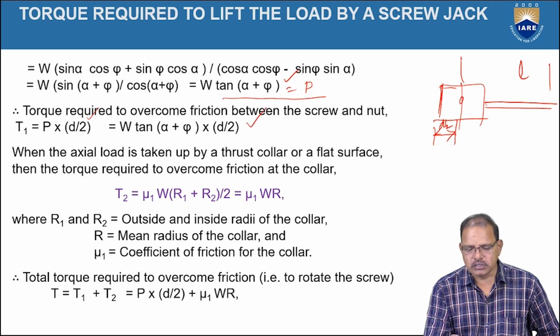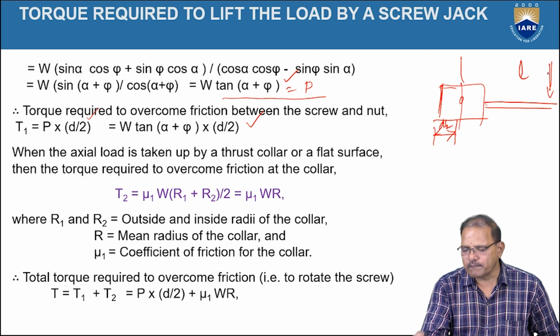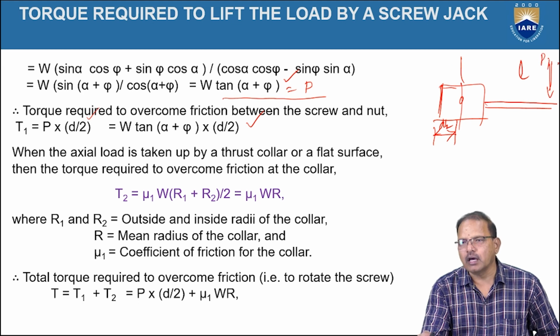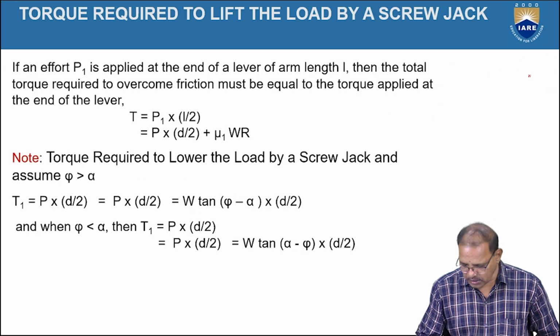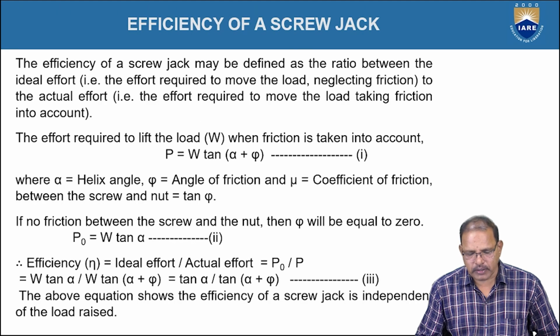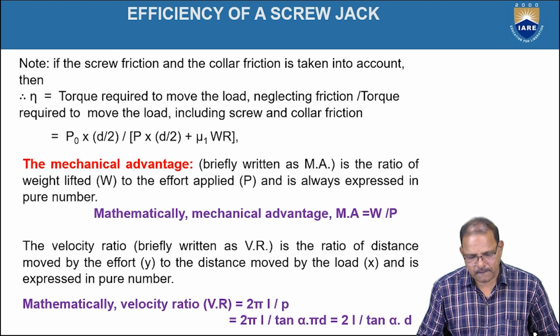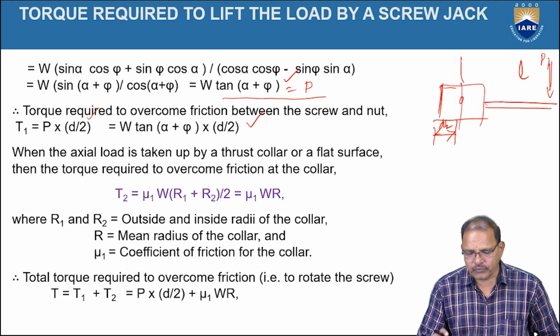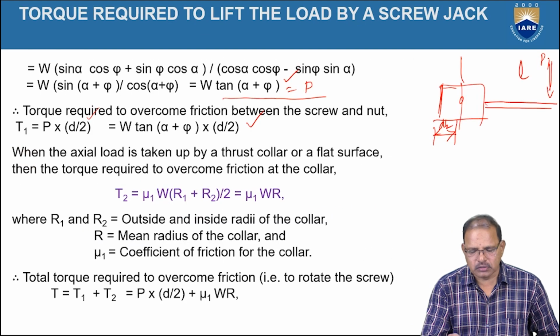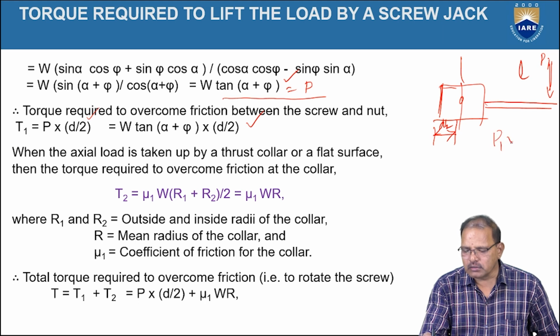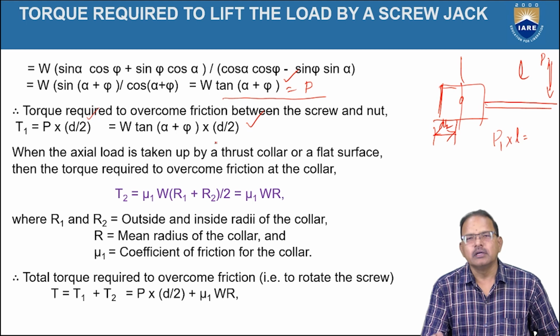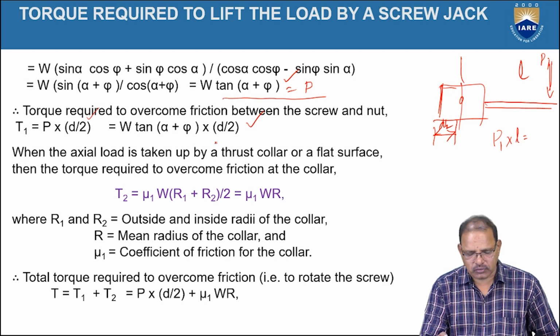Similarly, if P1 is the force applied at the end of the lever, the torque developed is equal to P1 into L, which should be equal to W into tan(alpha + phi) into D by 2.